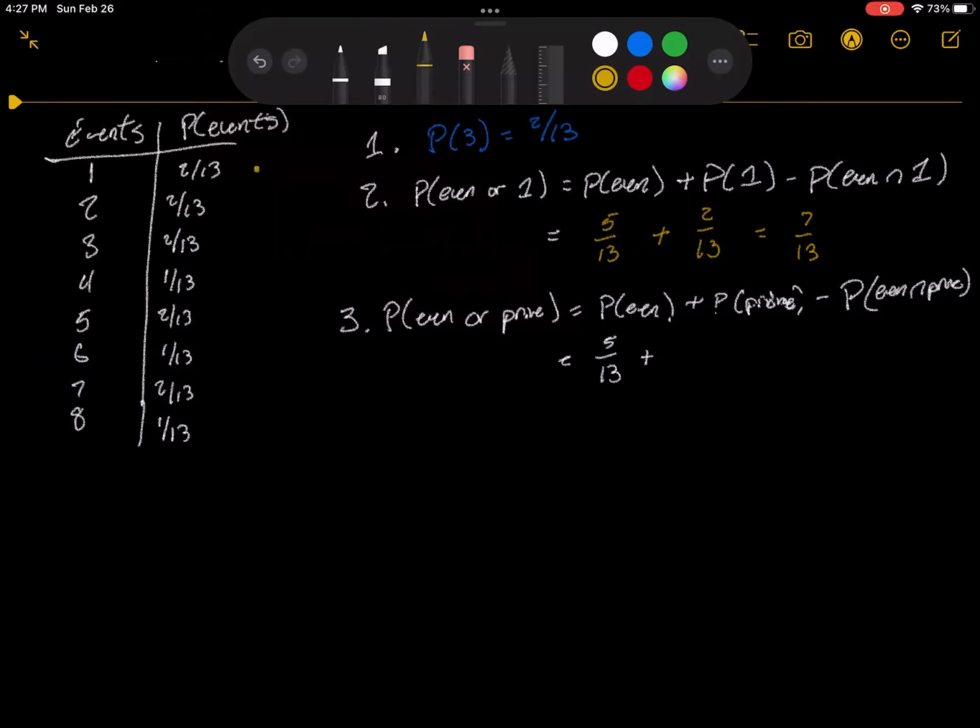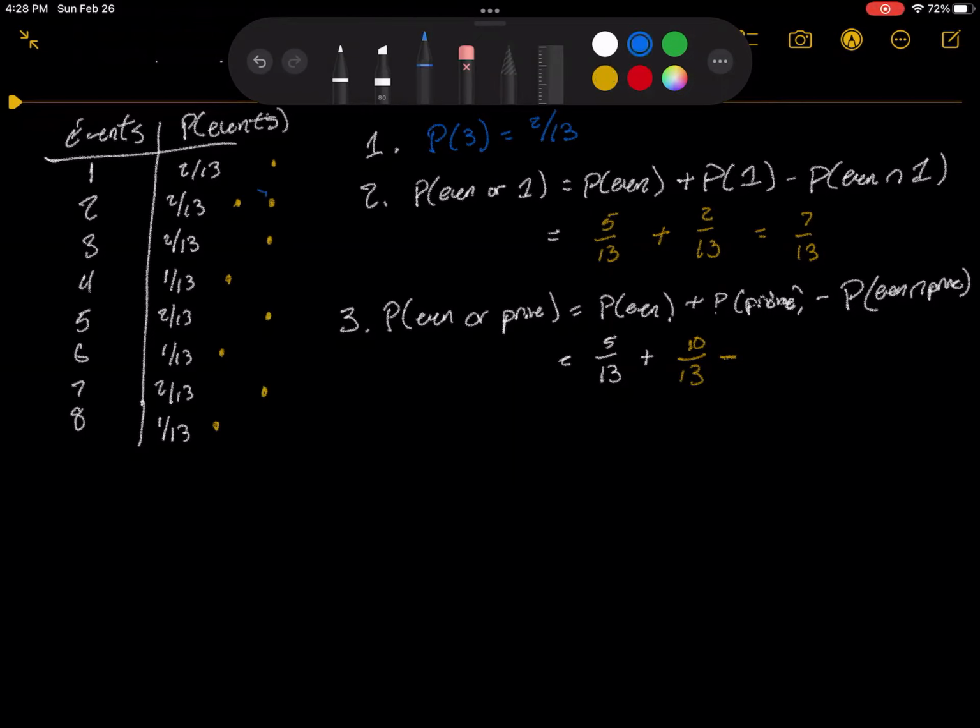That's 2, 3, 4, 5, 6, 7, 8, 9, 10. But notice, let's go through this. Probability of being even. That was a 2, a 4, a 6, or an 8. And then the probability of being prime. That was a 1, a 2, a 3, a 5, a 7.